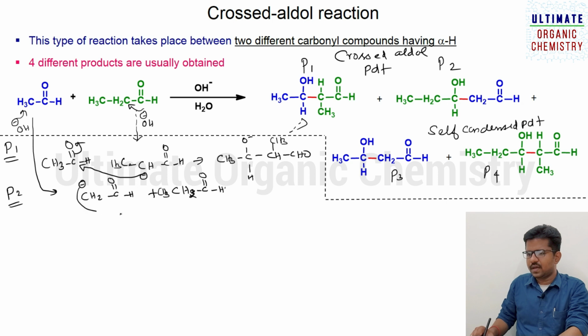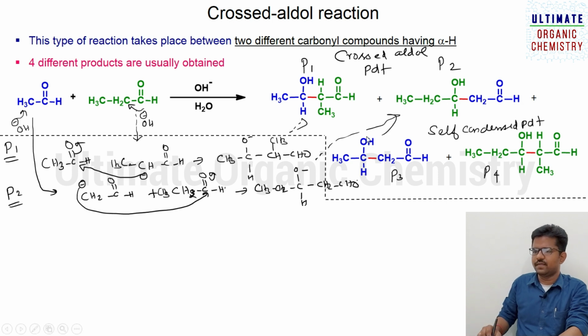So this minus automatically attacks this C double bond O. The electron moves towards the oxygen atom and it forms CH3, CH2, CO minus. Here you have hydrogen, and here you have this part CH2, CHO. After protonation, it will lead to the formation of product 2.